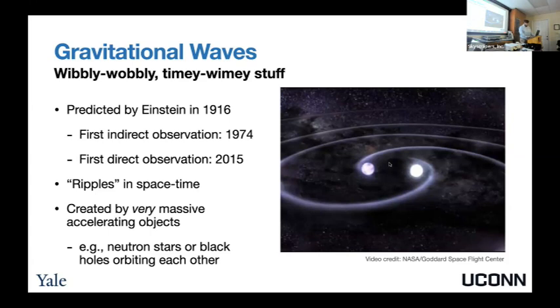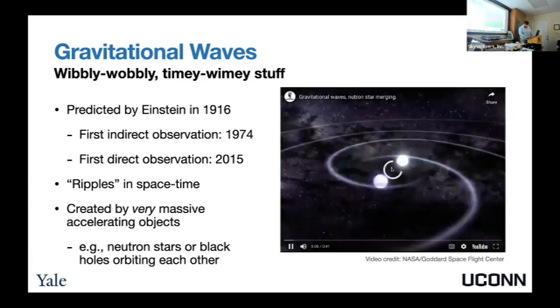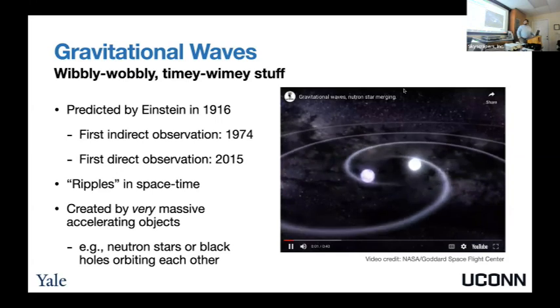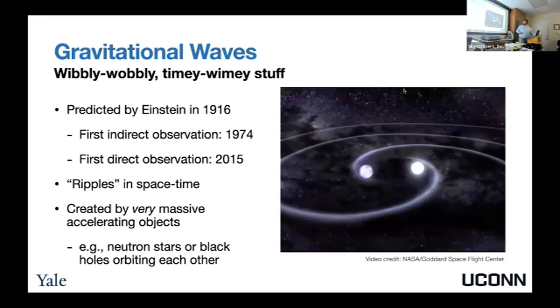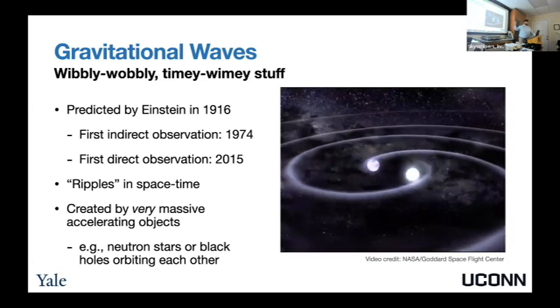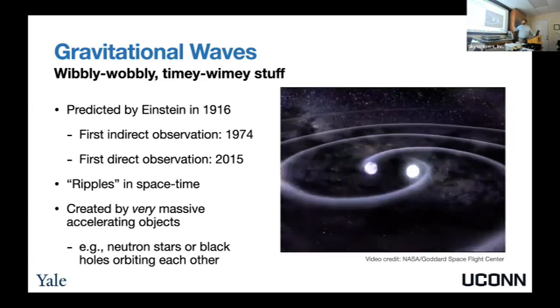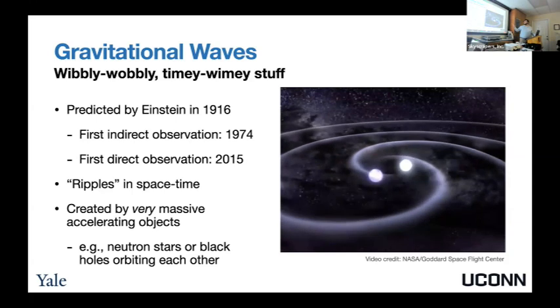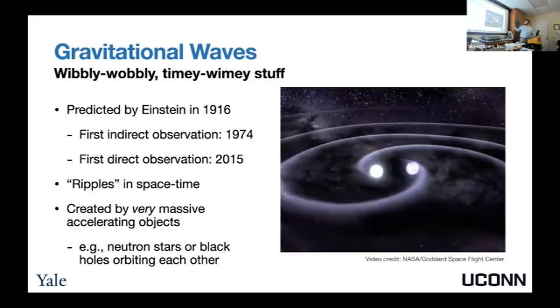So here I have a little video, if it'll play. Here we have a video of two neutron stars, in this case, orbiting each other. They're accelerating as they orbit. And you can see that they're emitting all of these gravitational waves, these ripples coming out from them.